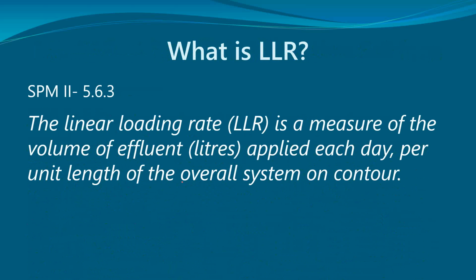And it's the overall system length on the contour, and a little more about that later, but that means that if linear loading says you need a system 100 feet long, you can't achieve that with 4 25-foot long trenches coming out of a D-box, right? It means that the system actually needs to be 100 feet long. You know, like 250-foot trenches with a center feed arrangement or something like that.